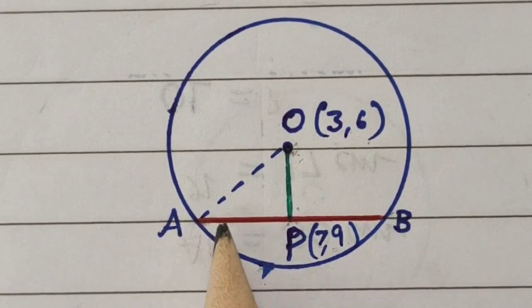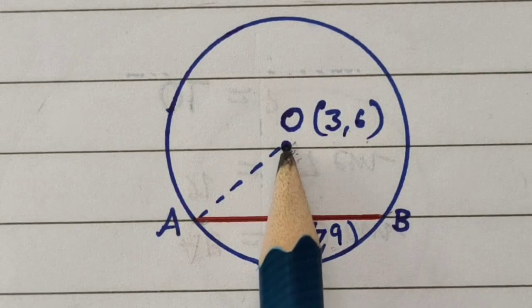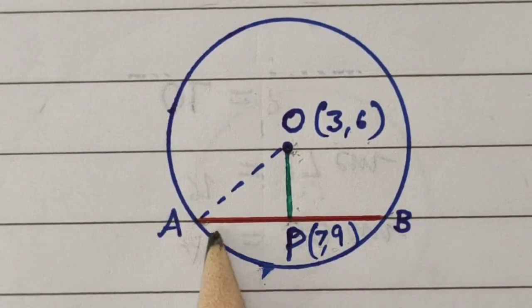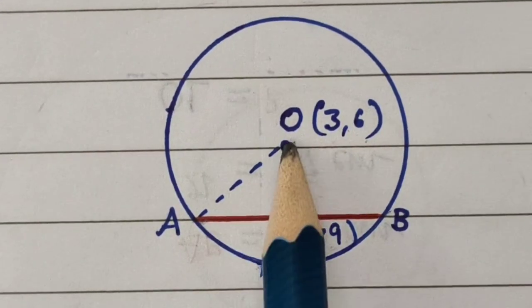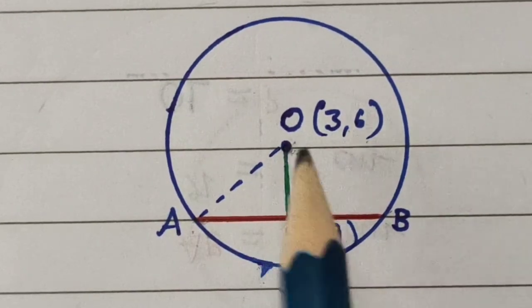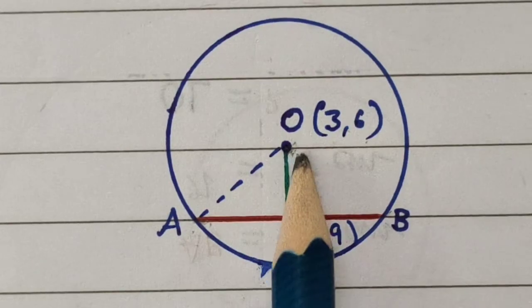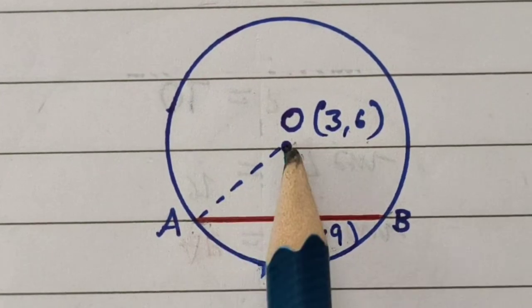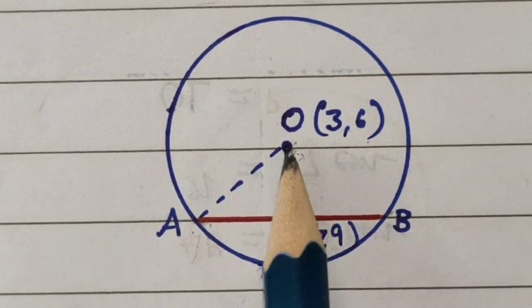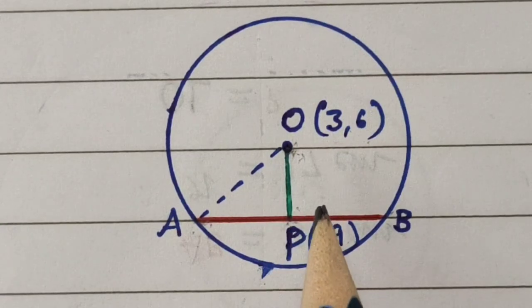OA square is equal to AP square plus OP square. Therefore AP is equal to square root of OA square minus OP square. OA square is 13 square, which is 169, and OP square is 25.